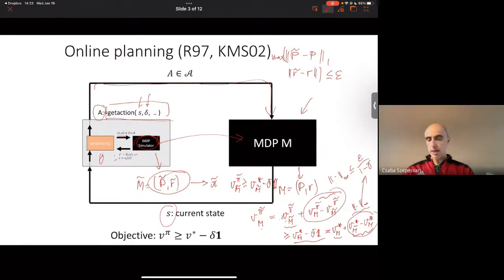Now you can add everything together, and you will see that your policy in M, even though it was optimized for M tilde, is almost as good as the policy here, except for this delta and 2 times epsilon over 1 minus gamma. So as long as your epsilon and your delta are controlled, everything is under control.